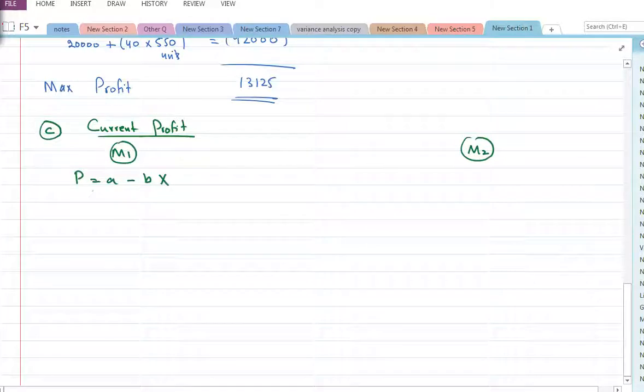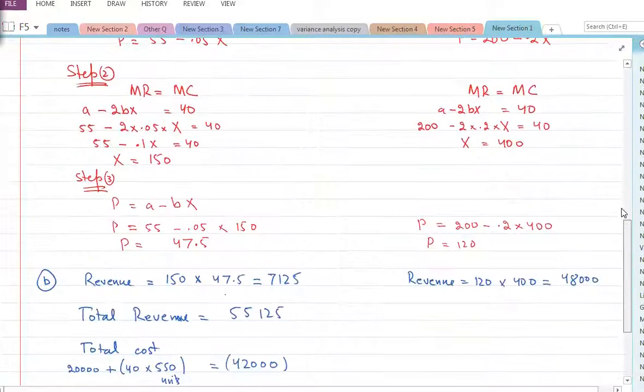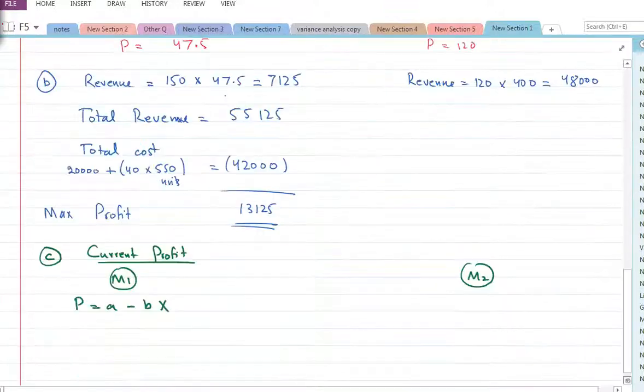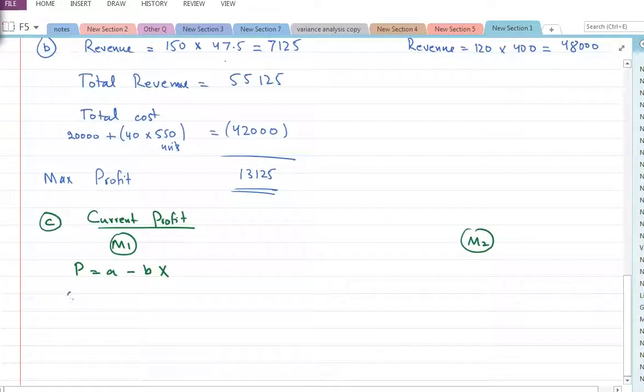The current price, as per the question, is $50. So it will be $50, A is 55, B is 0.05x.